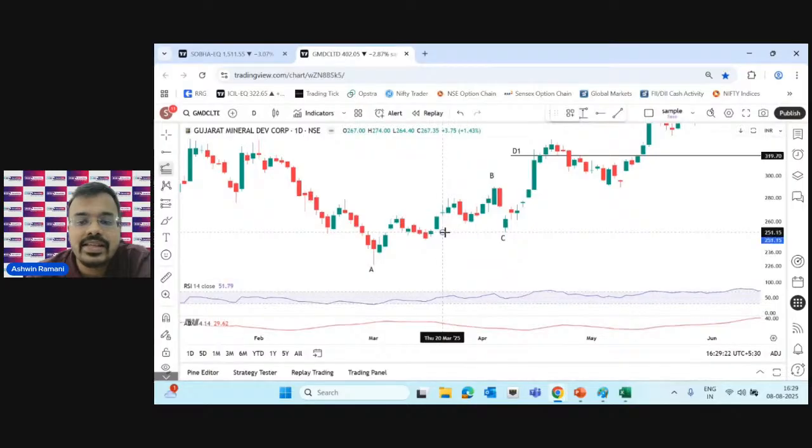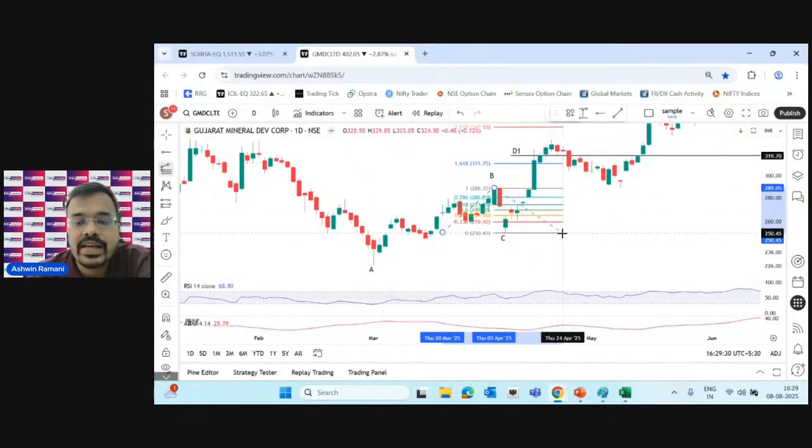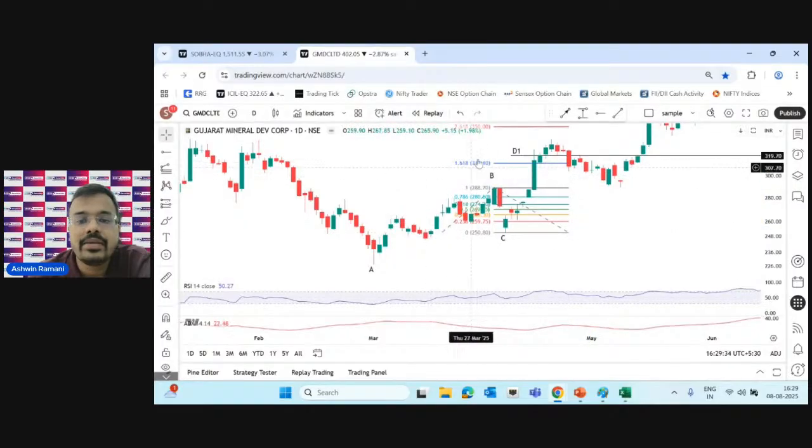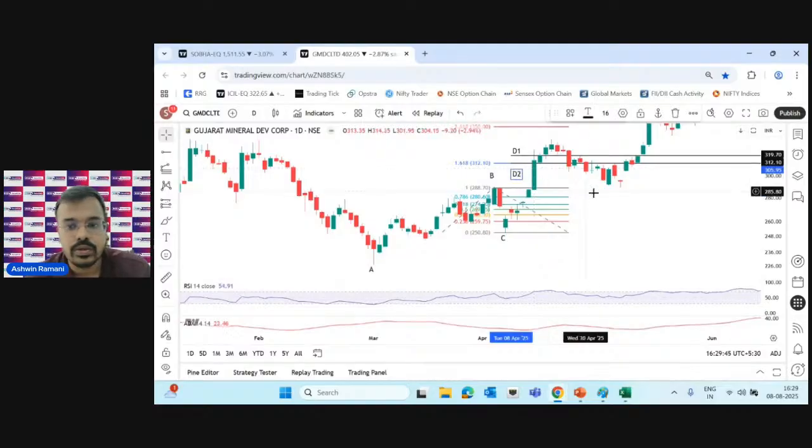I'll start with C. I will go to B. And I will again come back to C. Third, I'll go slightly to my right here. And I'll place it here. So now I'm getting, you can see 1.618. I'll take a horizontal ray and I will keep it at 1.618 at this level. And this level becomes my D2.